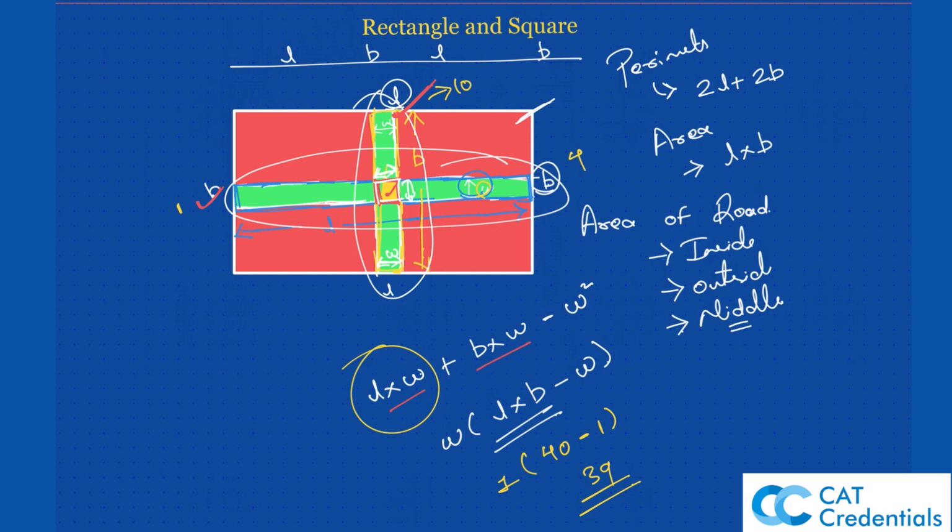So 39 will be the area of this road, as simple as that. Okay, so let them give you anything. It will be easier for you to reach your answer once you know the length, the breadth and the width. Now in the next part we'll see how you draw roads inside and then outside of the rectangle. This will complete the rectangle, and how you deal with the problem of roads on a rectangle.